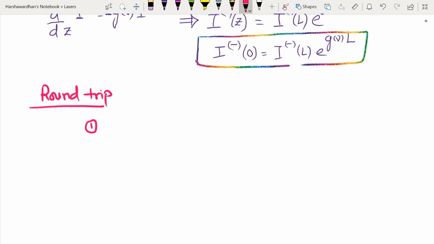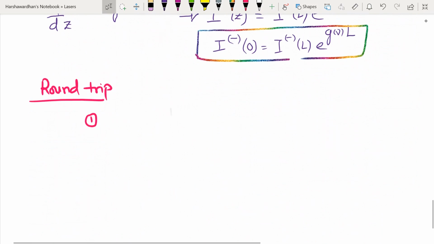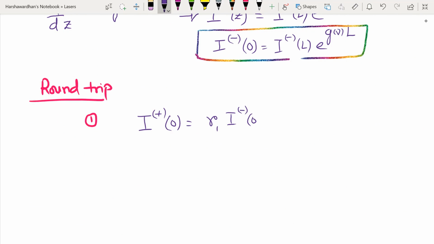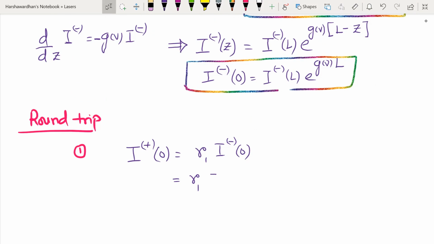Essentially, I use the first relationship, that is my I plus at 0 is simply R1 times I minus at 0. Then I can write down my I minus at 0 in terms of I minus at L, right? So we know that I minus of 0 can be written as I minus at L times exponential g of nu times L.